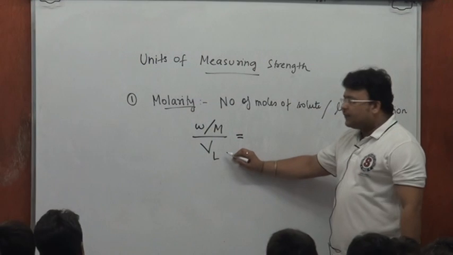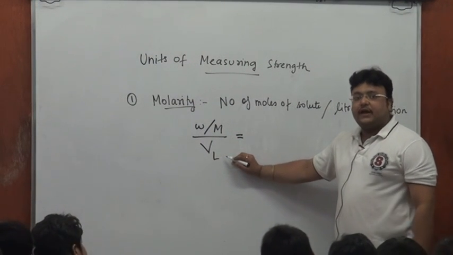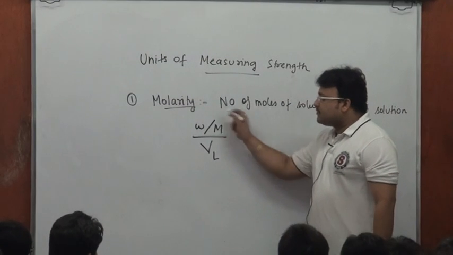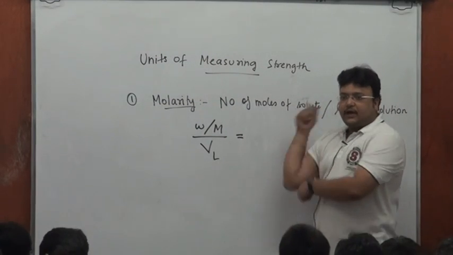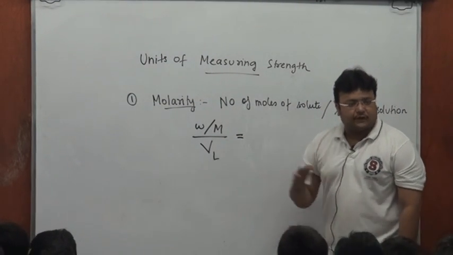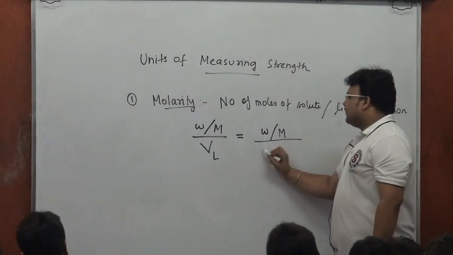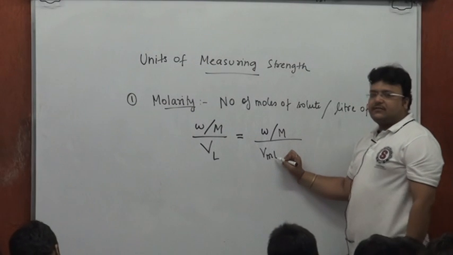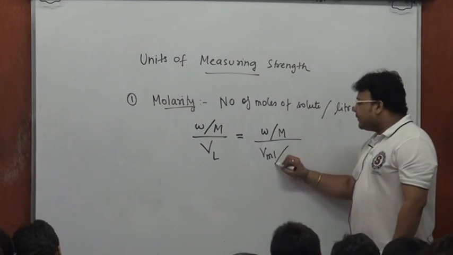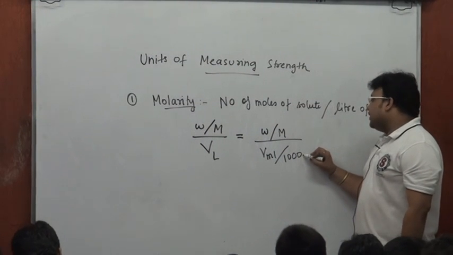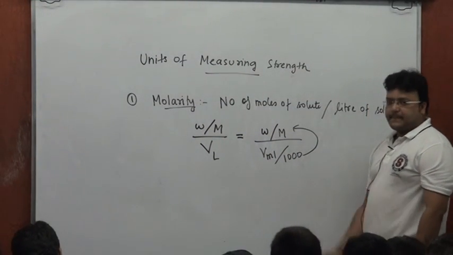We realize that instead of the volume in liters, it's given in ml. But to progress, I guess this is understood by all of you. Molarity of a solution will be number of moles per liter of the solution. Now say the volume in ml is given. If the volume in ml is given, you will want to divide it by 1000, and then it's going to be a multiplication factor in the numerator.